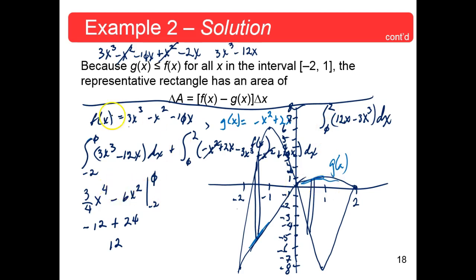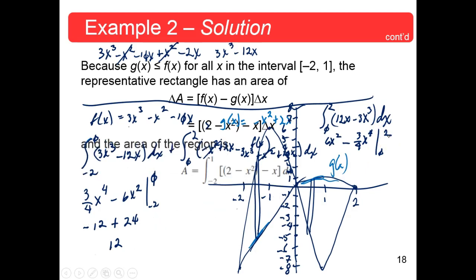Antiderivative, same as we had before, but reverse order. That would be 6x squared minus 3/4 x to the 4th. Right? Evaluated from 0 to 2.